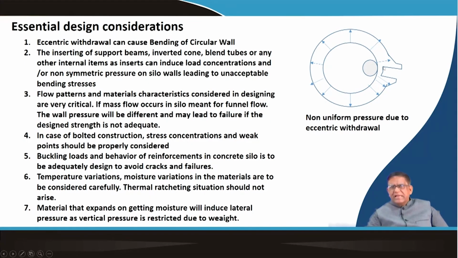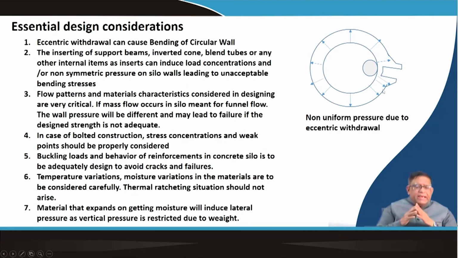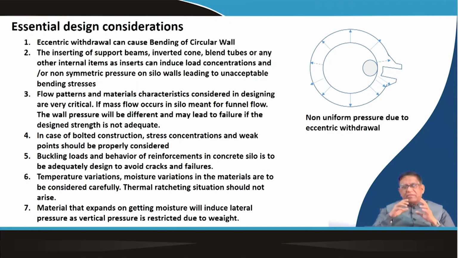At these places some more stresses will come up. So the wall is getting differentially stressed, which can sometimes induce a bending moment, and sometimes lead ultimately to failure, depending on the situation. So this is one important point.